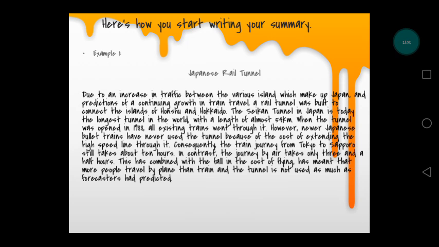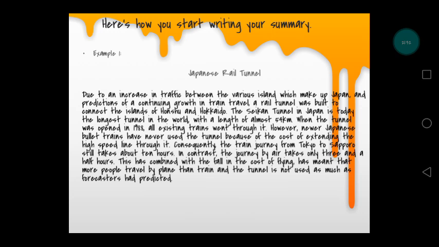Okay. Due to an increase in traffic between the various islands which make up Japan and prediction of continuing growth in train travel, a rail tunnel was built to connect the islands of Honshu and Hokkaido.